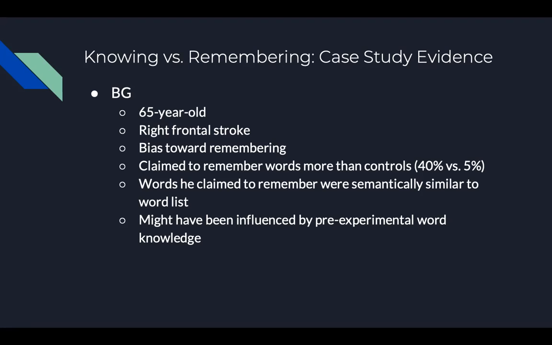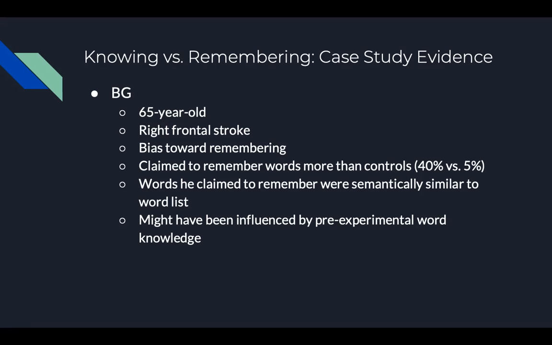And so to try to control for these possible confounds, they did another study, and they had him learn pseudo words or non-words. These are words that don't actually exist, like brap or space, to try to see if it was really familiarity with the words that was driving this.